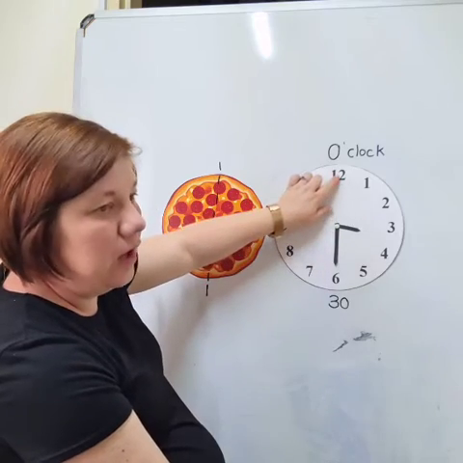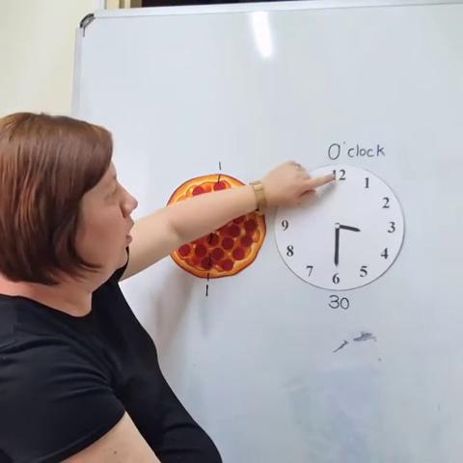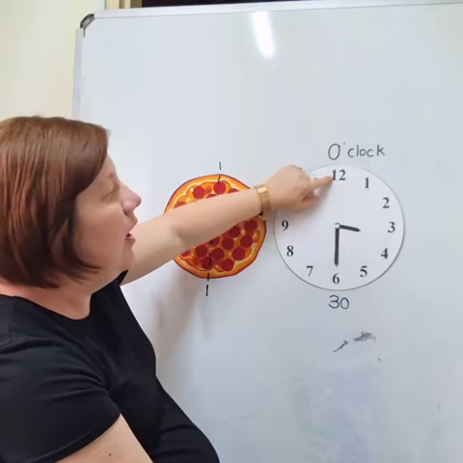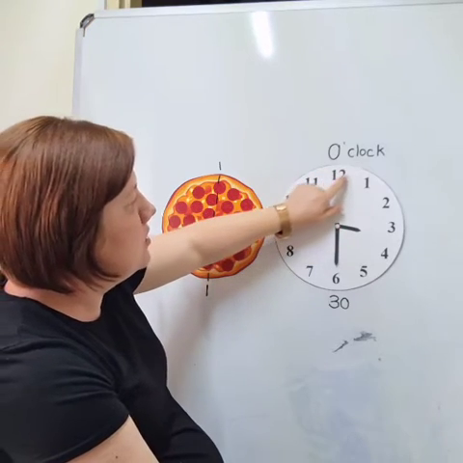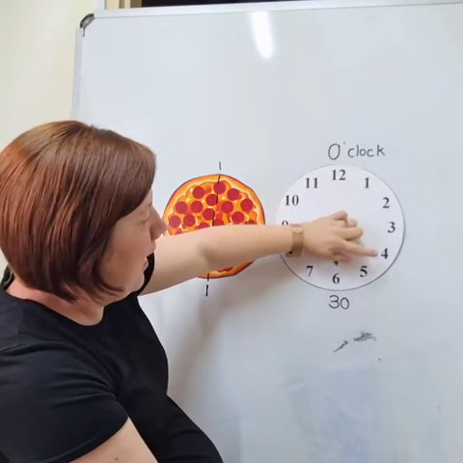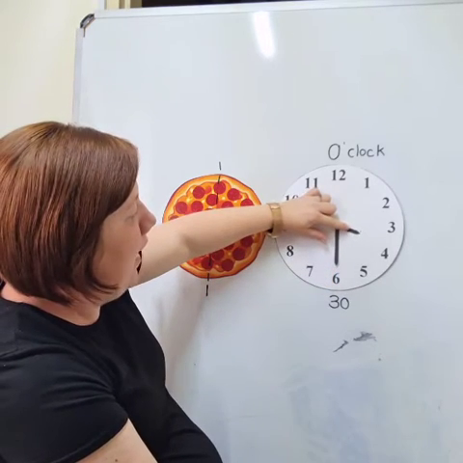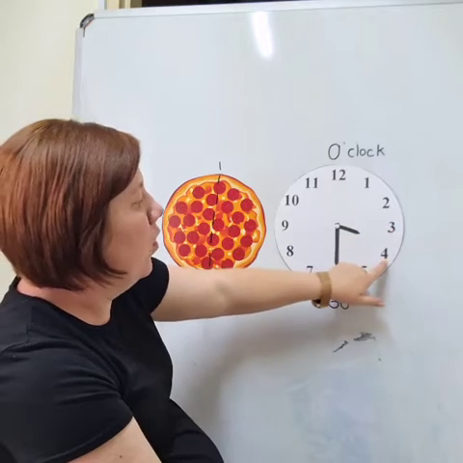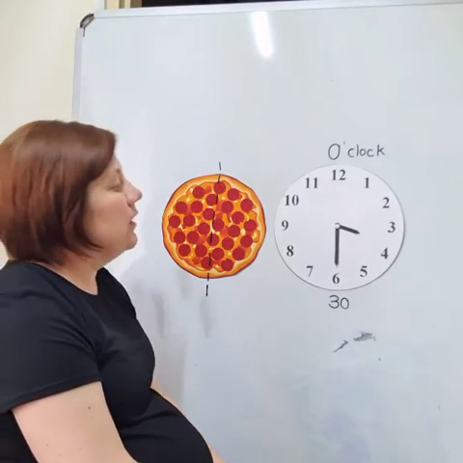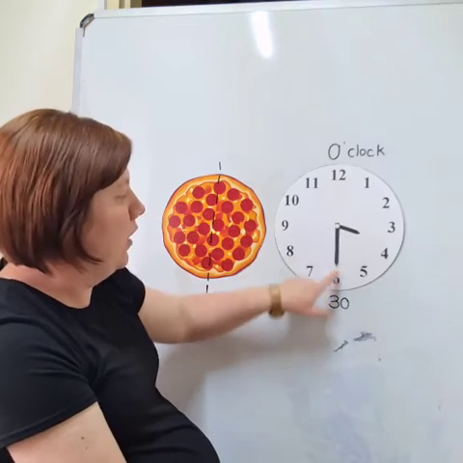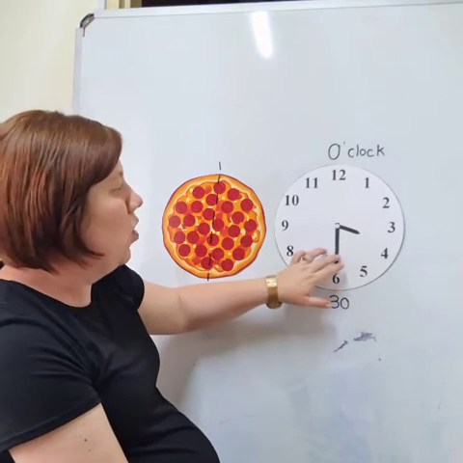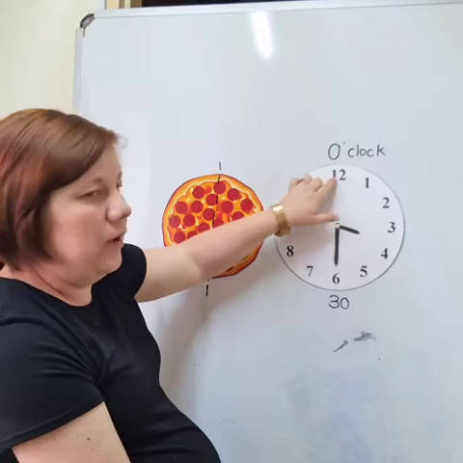Remember, it was 3 o'clock when the long arm was on the 12. Then the minute arm passed the o'clock. It went down to the 30 minute, and now we say when the hour arm is between the 3 and the 4, we say that it is 3:30.